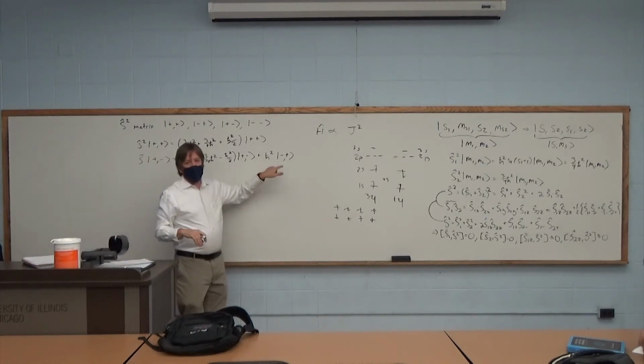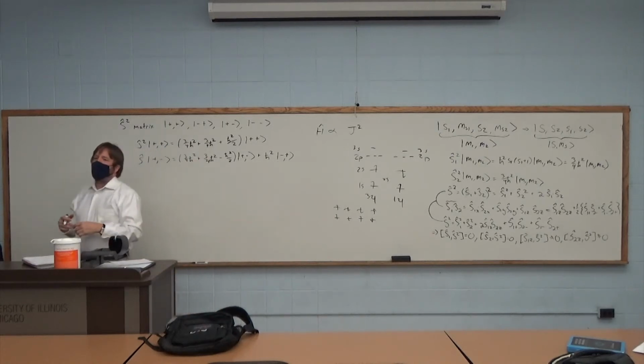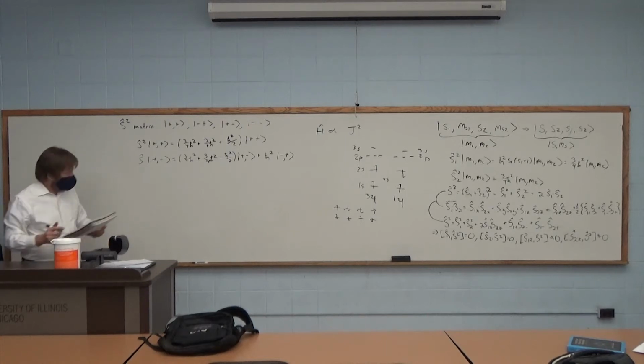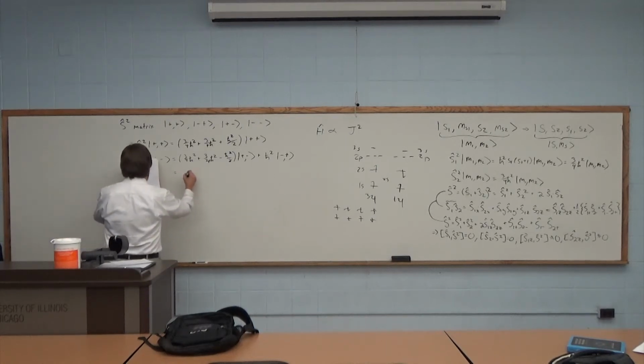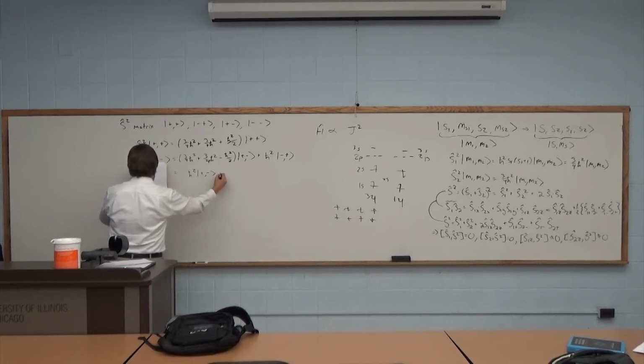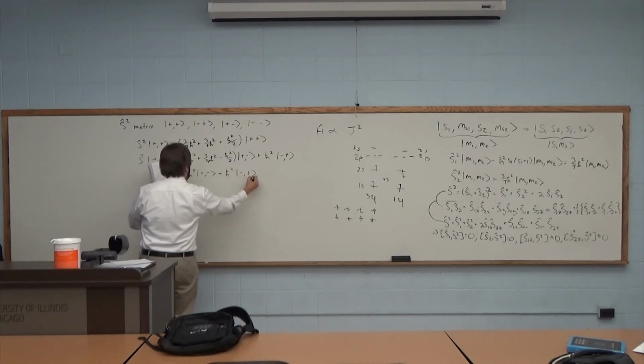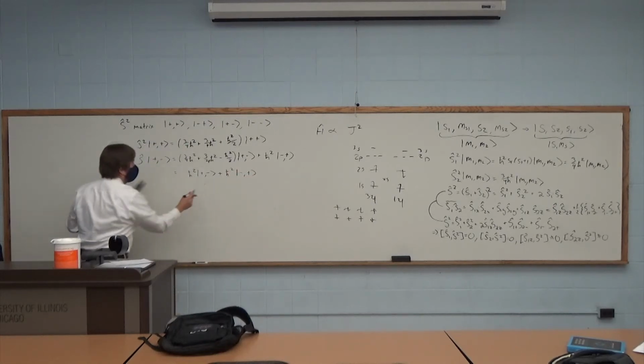You just got yourself an off-diagonal element. Uh-oh. And this ends up being h bar squared. There we go. And on and on and on.